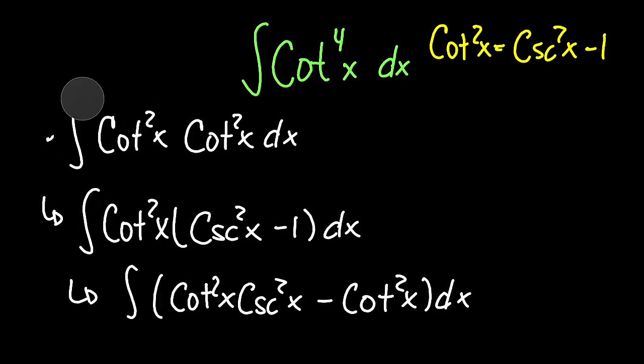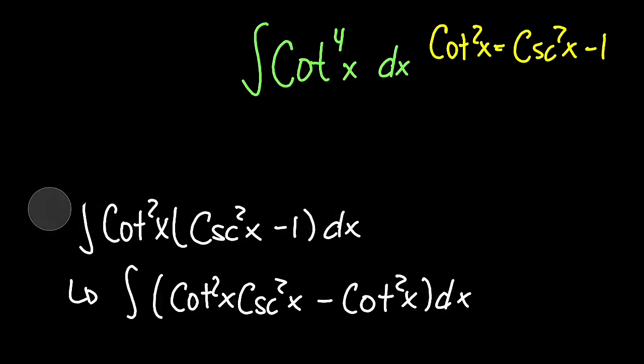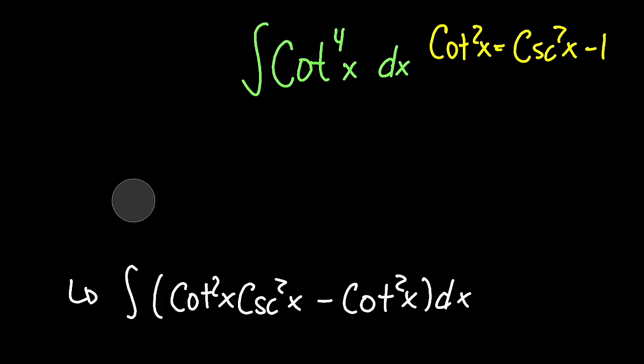And the next step would be to split this integral into two parts. This should be the first and this should be the second, which is all multiplied by dx right here.